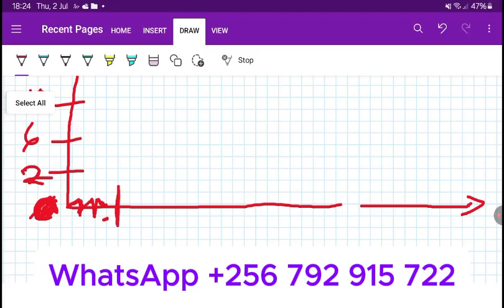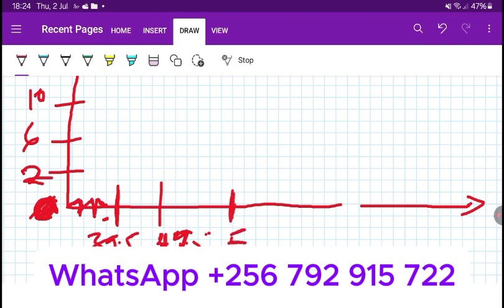So here we start with 39.5. Then this is 49.5. We make sure that each slash we put here represents a class.